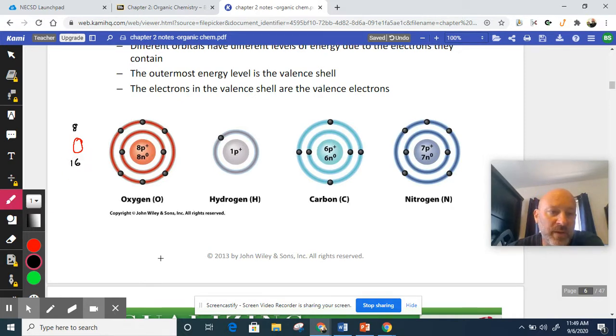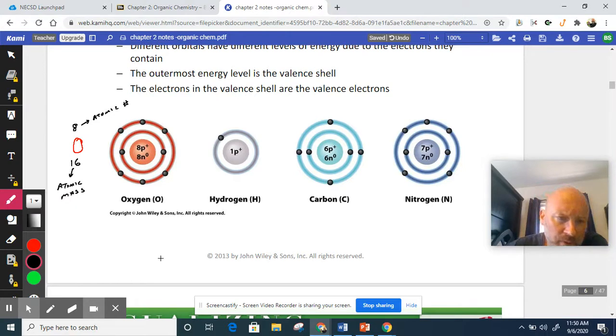All right. This number at the top is the atomic number. And this number at the bottom is the atomic mass. These numbers mean different things. The atomic mass tells us how many particles are in the nucleus.